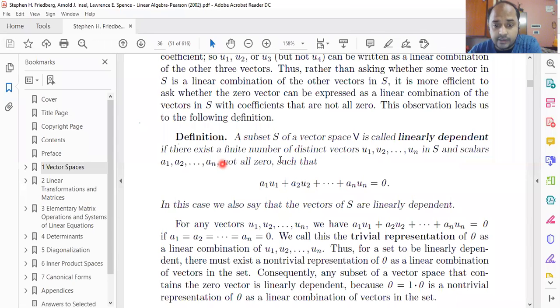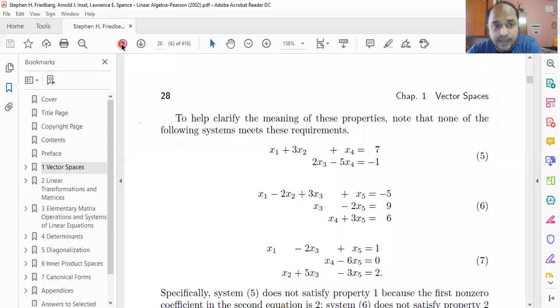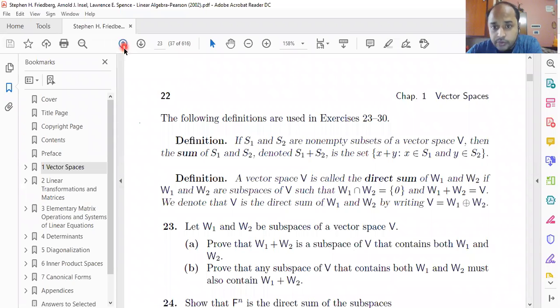These scalars are not all 0. Some scalars may be 0, some may be non-zero. Such that if we can express the zero vector in this form, A1 U1 plus A2 U2 plus ... plus AN UN equal to 0, then the vectors in the set S are called linearly dependent vectors. Just like in the previous case, you have seen above that the vector U3 has been expressed as a linear combination of the vectors U1, U2, U4.